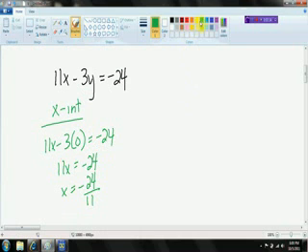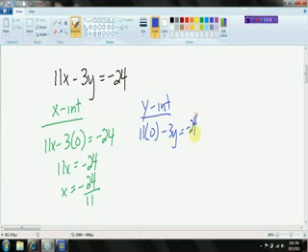and the y-intercept, let's see, we'll use blue. We'll plug in a 0 for the x. So we get that the y-intercept is 8. Alright, so we have two ordered pairs that come out of this.